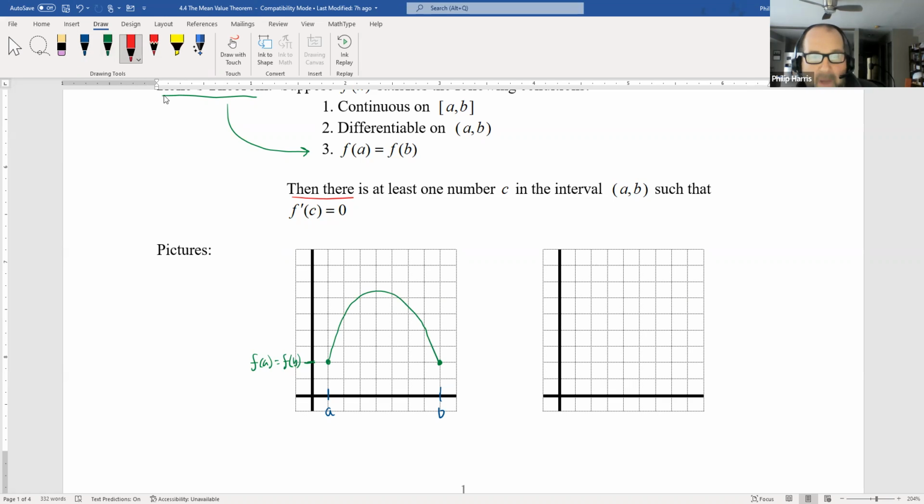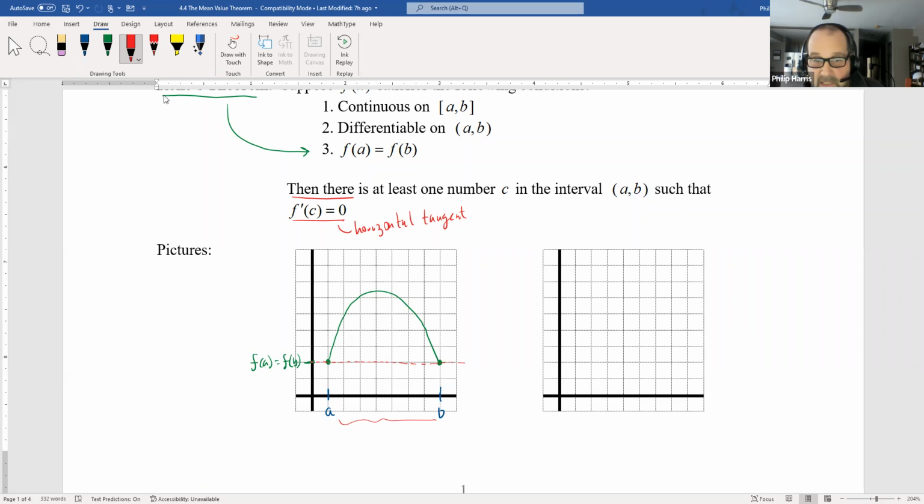What Rolle's theorem states is that somewhere in this interval from a to b, there is a point where f prime of c equals 0. So there's somewhere a horizontal tangent. Why horizontal? Because f of a equals f of b, the average rate of change of this function as you go from a to b is in fact 0.